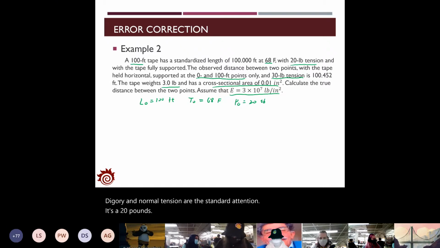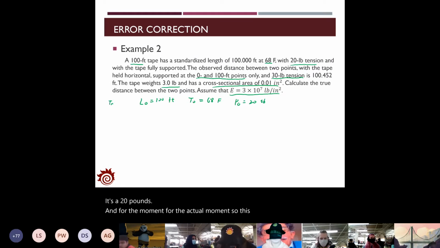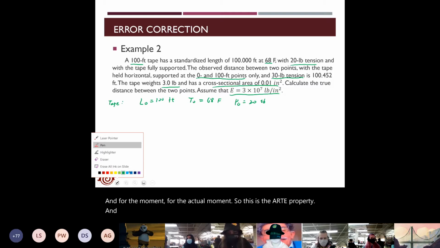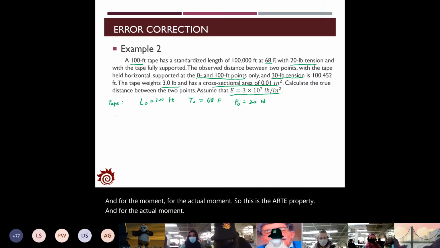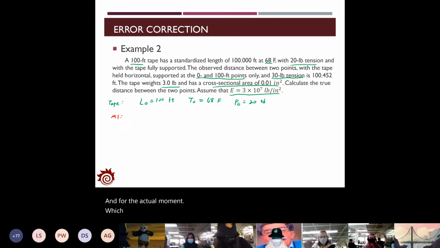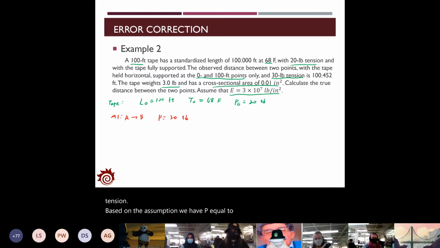So this is the tape property. And for the actual measurement, which is measurement 1 that we observed from point A to point B, the applied tension, based on the assumption, is P equal to 30 pounds.